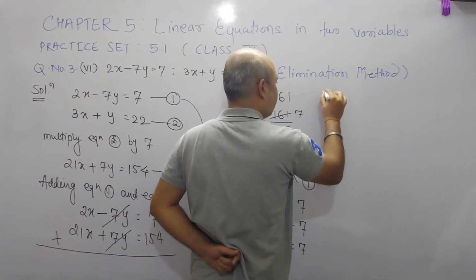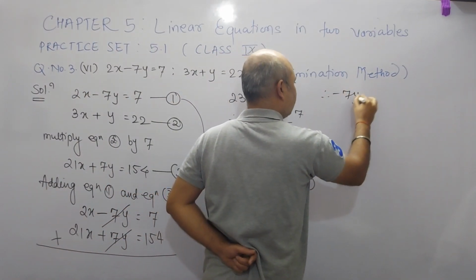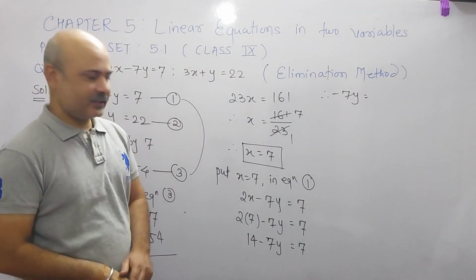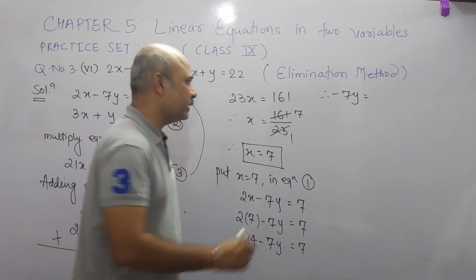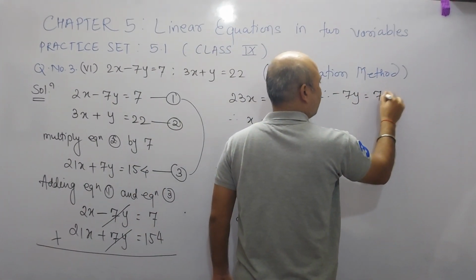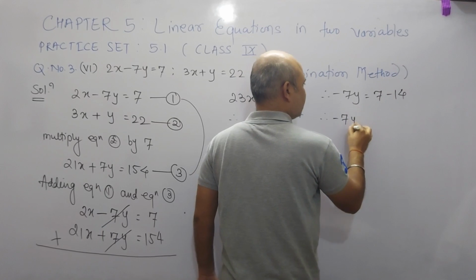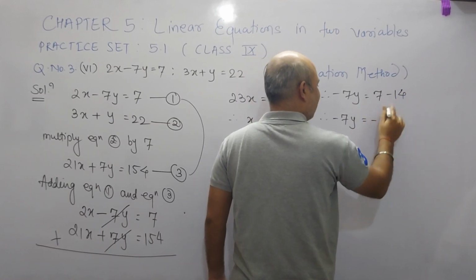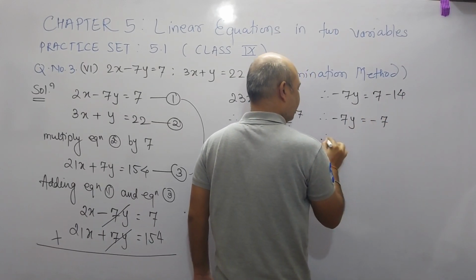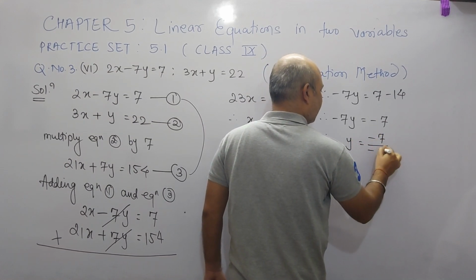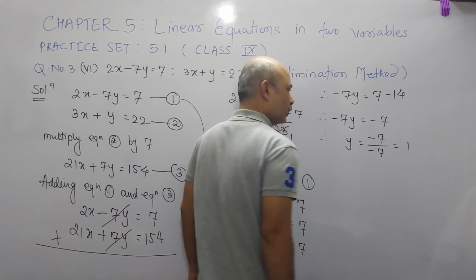Therefore, minus 7y is equal to 7 minus 14, transferring this 14 to the right hand side. Therefore minus 7y is equal to minus 7, and therefore y is equal to minus 7 divided by minus 7, which is equal to 1.